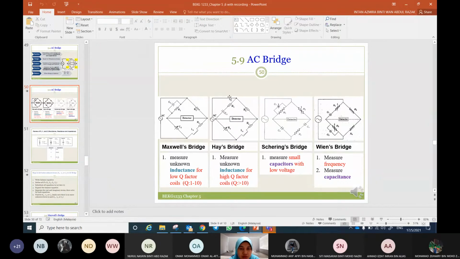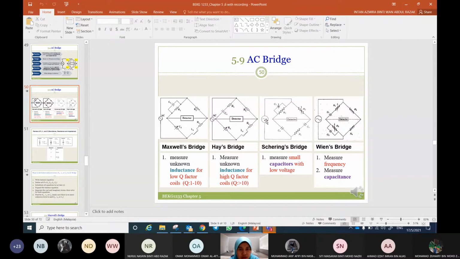Each bridge will apply the same principle where we derive for unknown parameters. Okay, we derive for Rs or Lx or Cx. So you do not need to memorize the construction of each bridge.